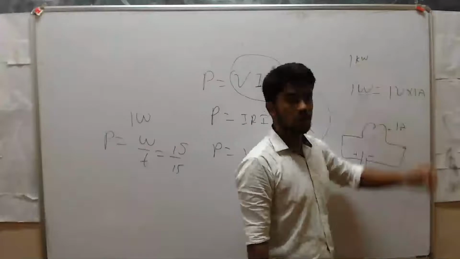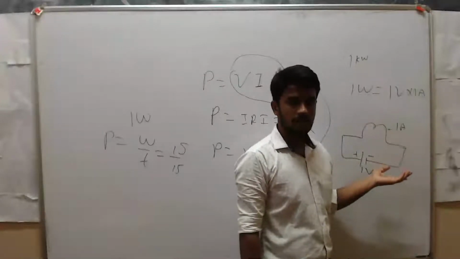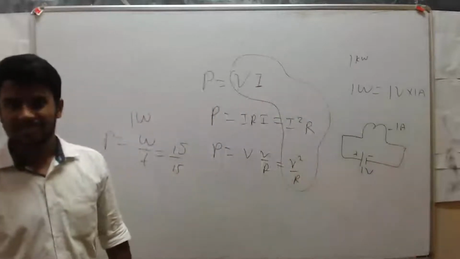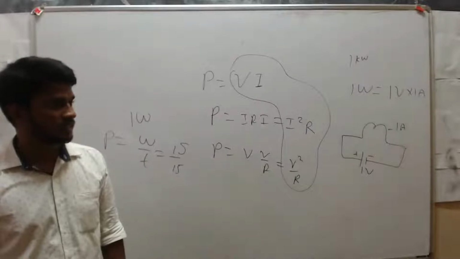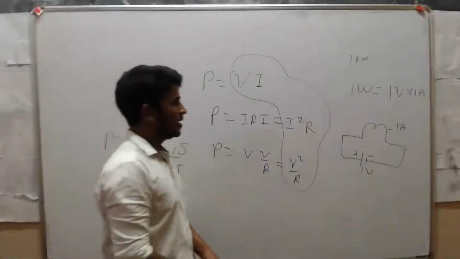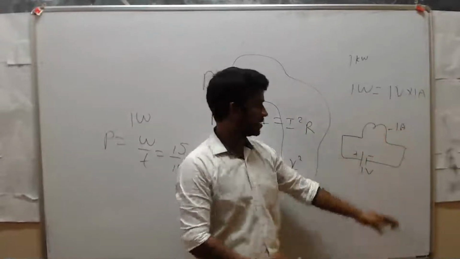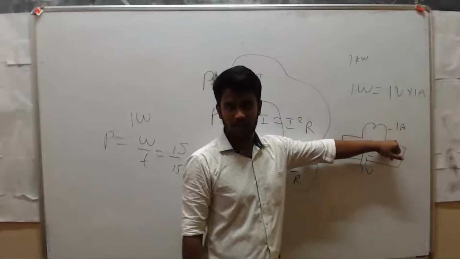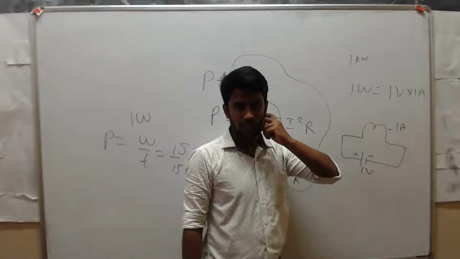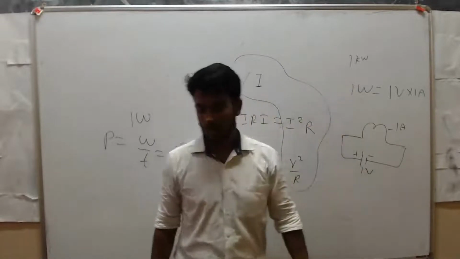Then what is the meaning of 1 kilowatt? We can define it as 1000 volt into 1 ampere, or, it's not a problem, for 1000 volt we can't use 1 ampere, or we can say 250 volt into 4 ampere, correct? We can say that is 1 kilowatt.